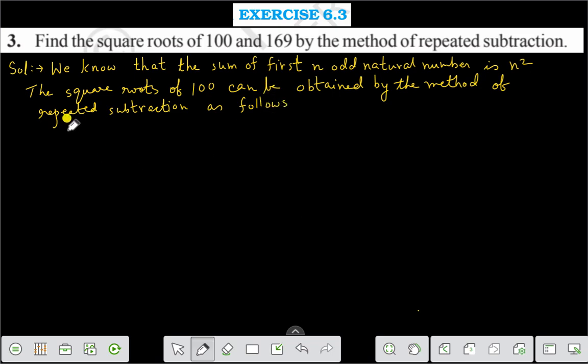Right, in the first step we can write 100 minus 1, that is we are getting 99.